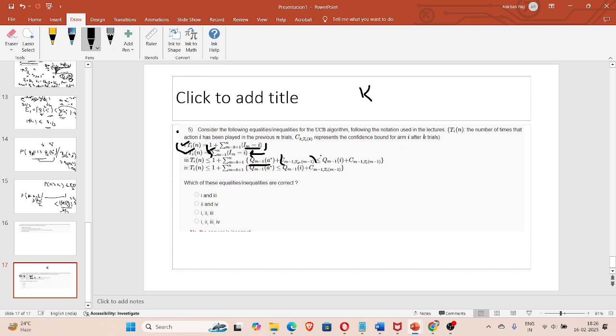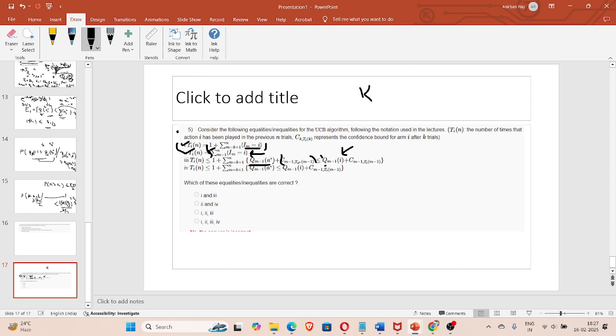For the ith arm, which is not optimal, and A star for the optimal one, we will take the ith arm when the confidence interval plus the Q of the ith arm is more than the A star one.